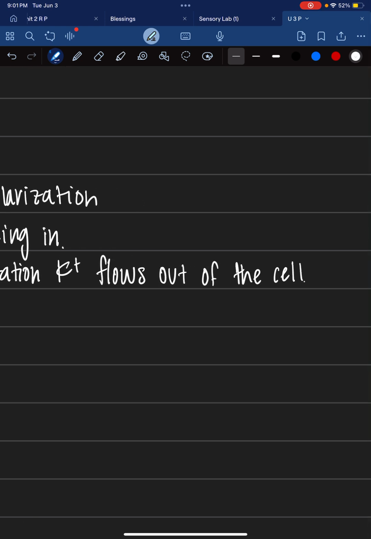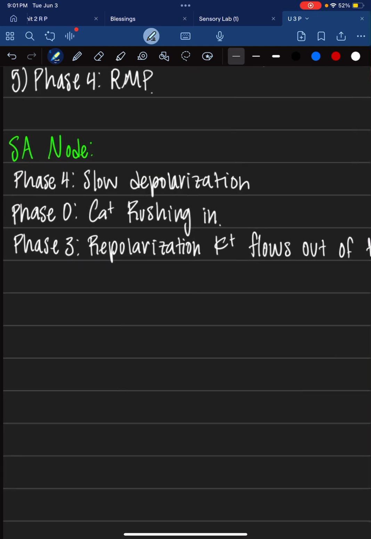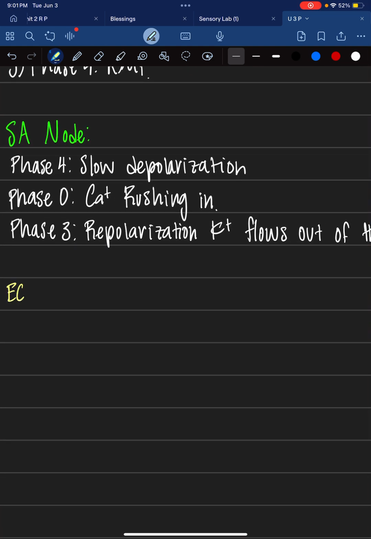Okay, so that's that for that. And now for the ECG tracing and the PQRS-T waves.